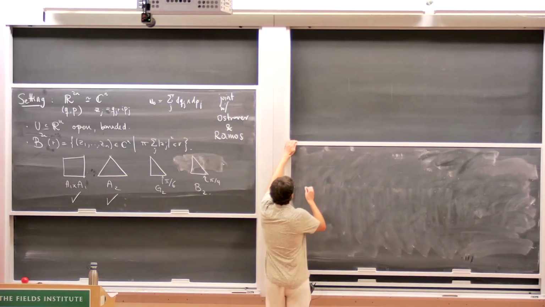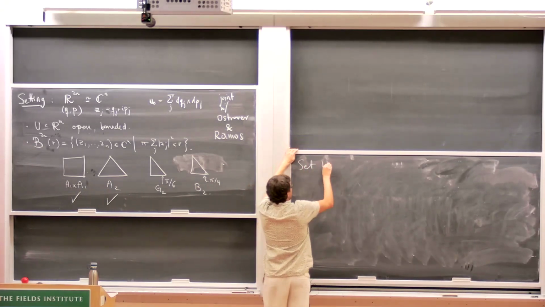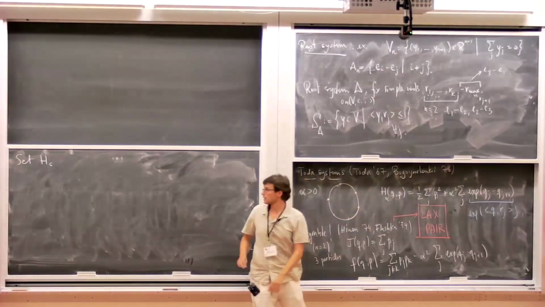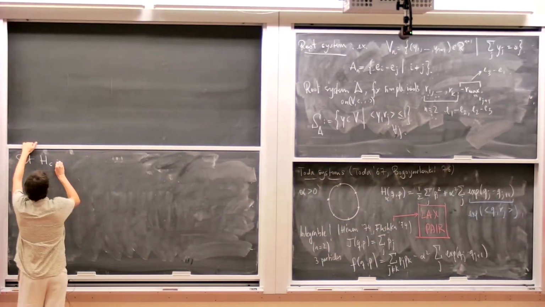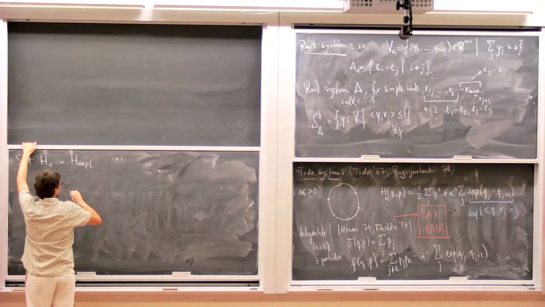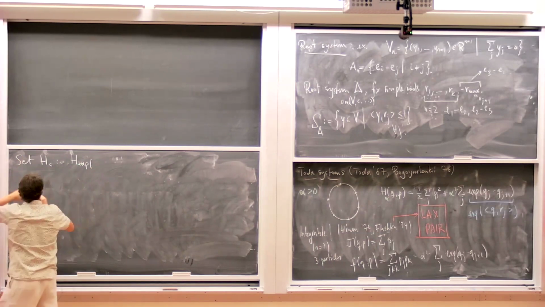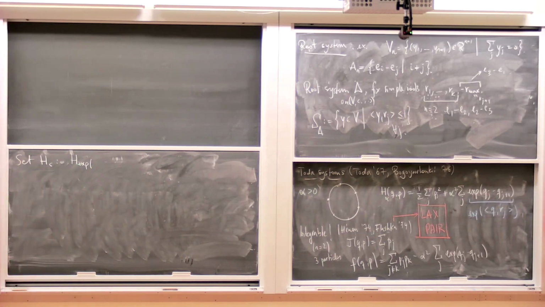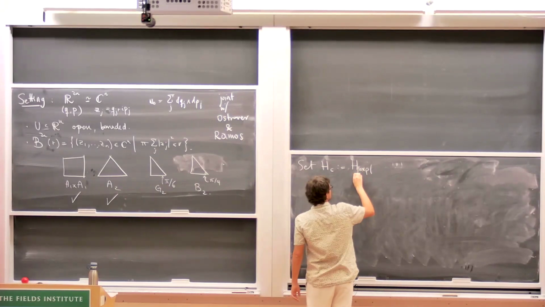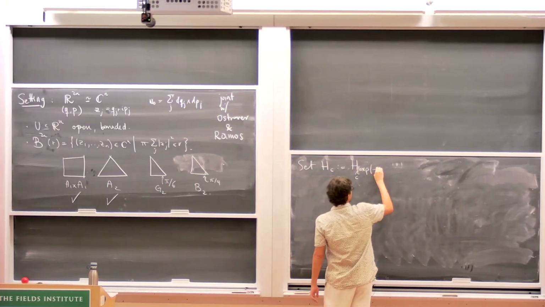So if I set H_C, remember that I have an alpha here. So let me call, for C positive, there's a C here, exponential of minus C over 2.